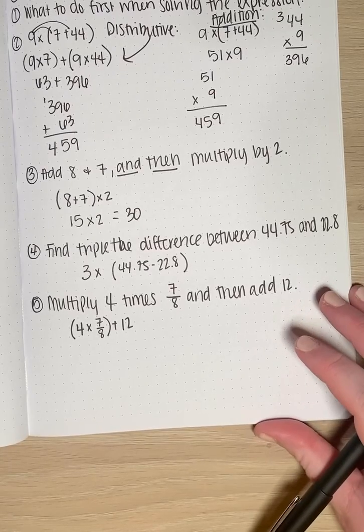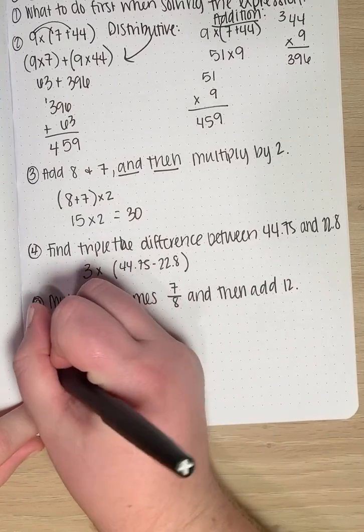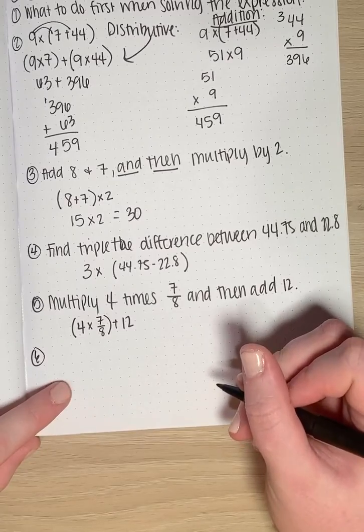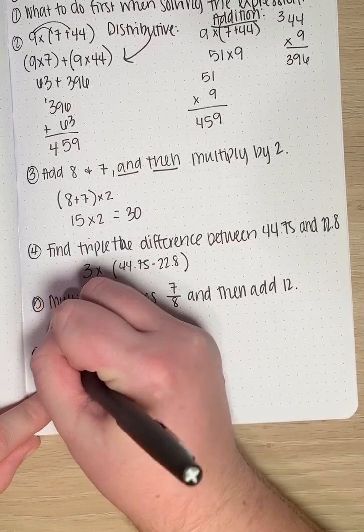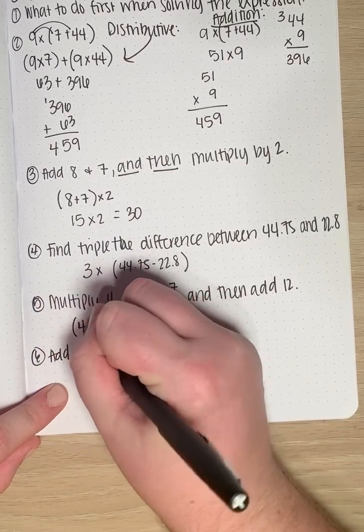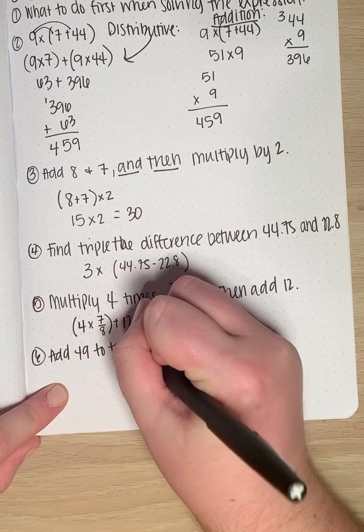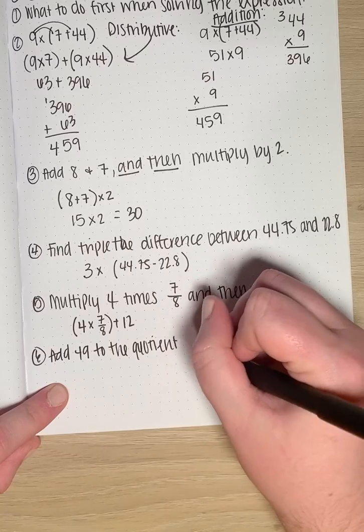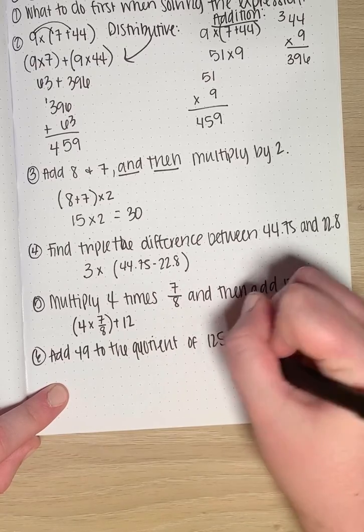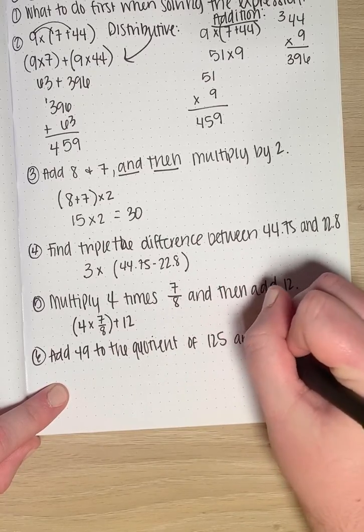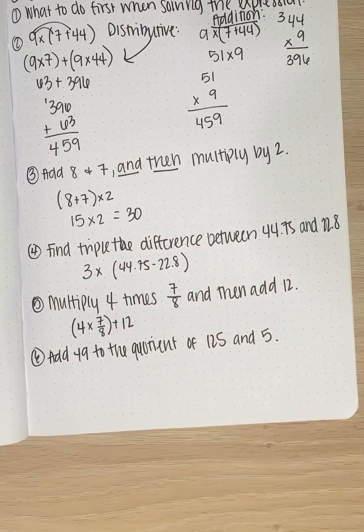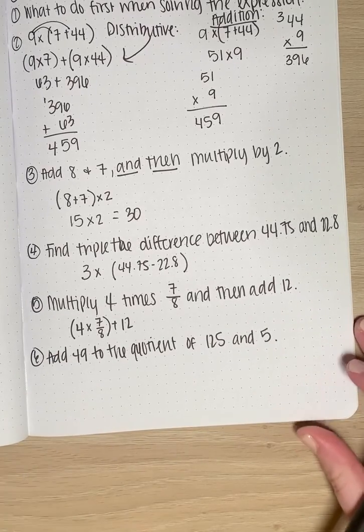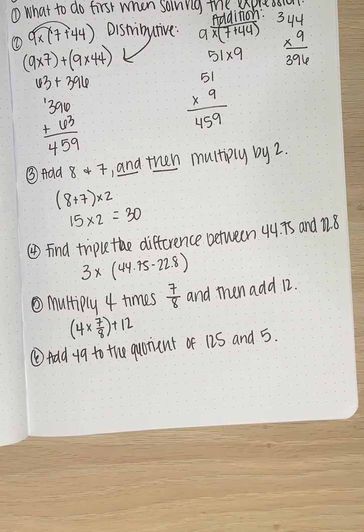All right. And then number 6 says add 49 to the quotient of 125 and 5. Remember, quotient is our answer to a division problem.